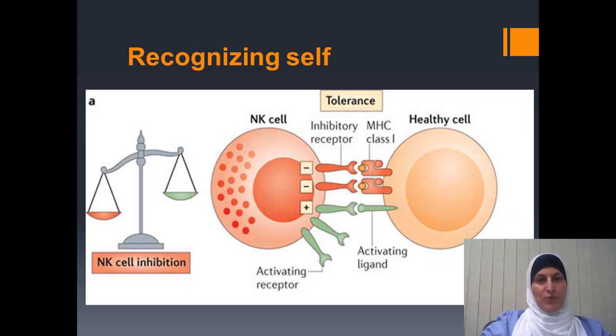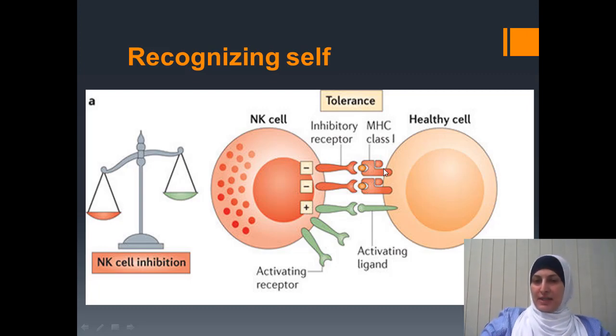This is what happens when we have a normal healthy cell presenting the MHC class 1, and these are self proteins. This is a natural killer cell, and in the natural killer cell we have a killer inhibitory receptor and killer activating receptor, KIR for killer inhibitory receptor and KAR for killer activating receptor.